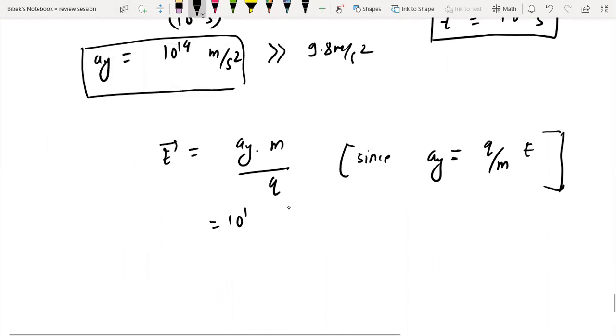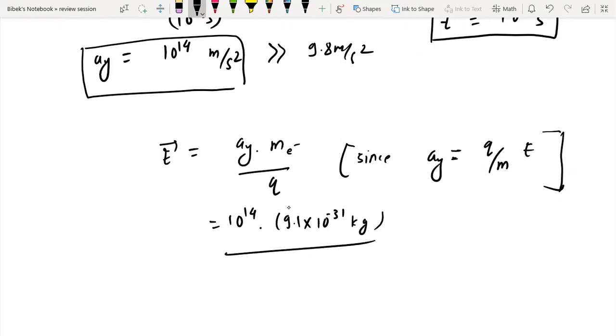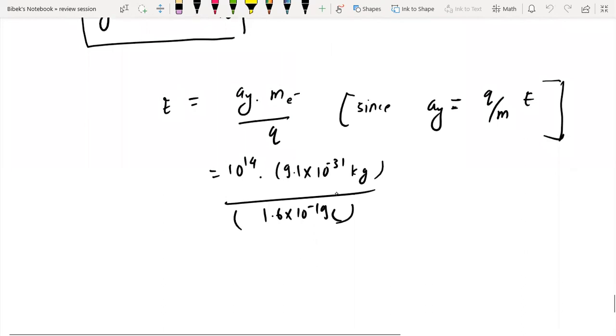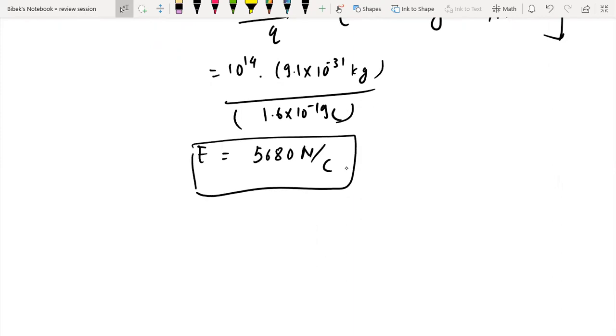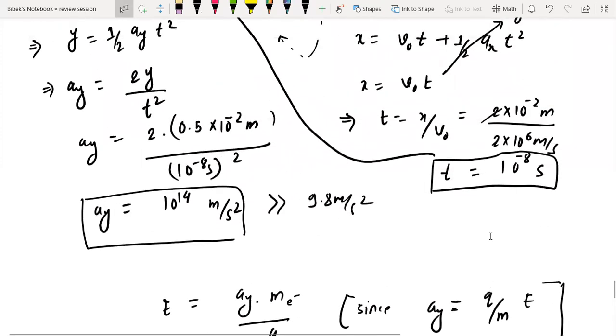That is 10 to the 14 times the mass of the electron over the charge of the electron. That is 9.1 times 10 to the negative 31 kilograms, divided by 1.6 times 10 to the negative 19 coulomb. Let's not write it as a vector; we're only concerned about the magnitude. So it's going to be 5680 newtons per coulomb. So that's the electric field.